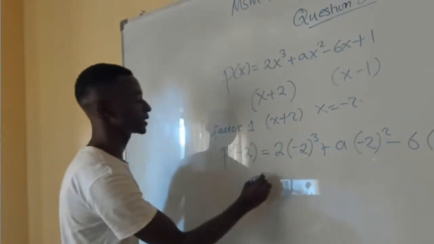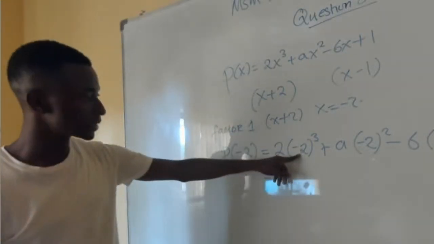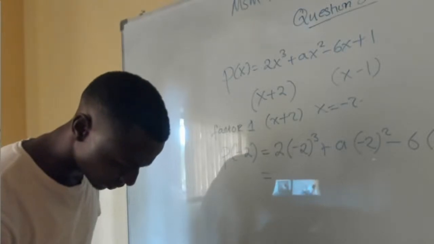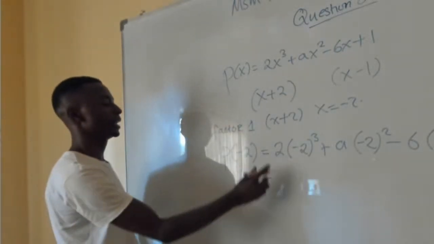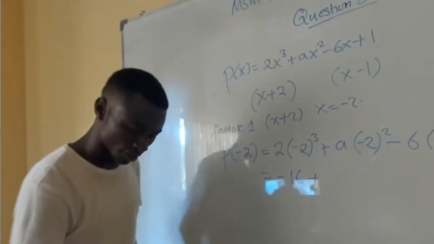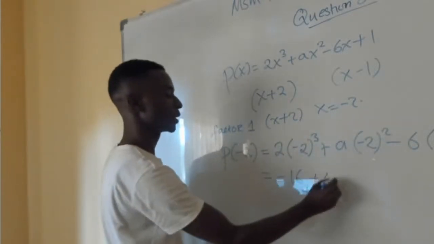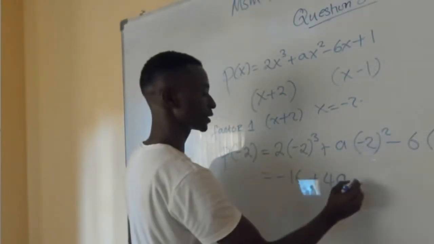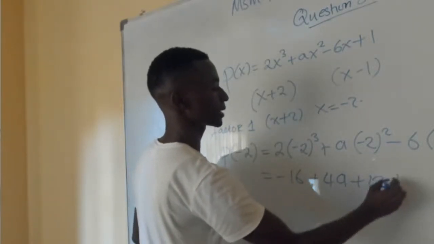So now let's continue. What are you getting if you say negative 2 to the power 3? It's negative 8. So negative 8 multiplied by 2, you're getting negative 16 here. Plus, negative 2 squared is 4, so you say 4a. Minus 6 times negative 2: negative times negative is positive, so you say plus 12 plus 1.